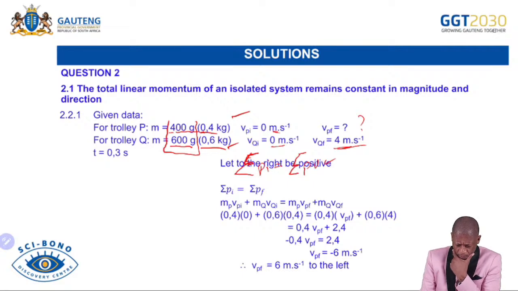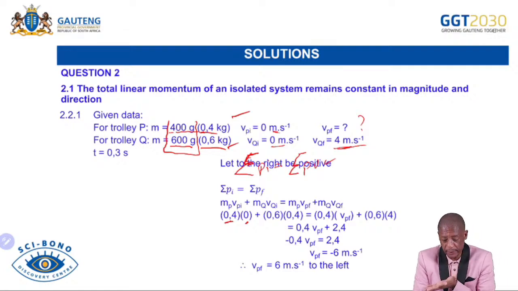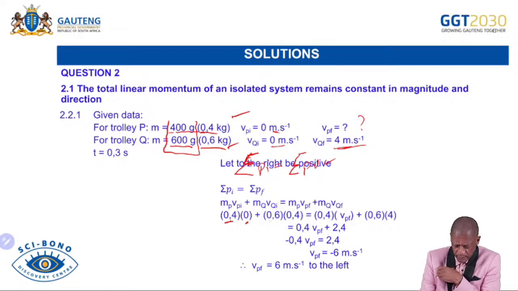Then we've got the mass of this one, which is 0.4, multiplied by 0, which is there at rest, plus the mass of Q, which is 0.6, multiplied by 0.4, and then we've got equals to. Now that is where we need to calculate, right?